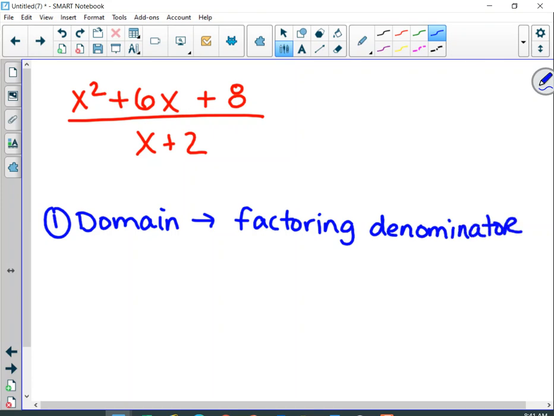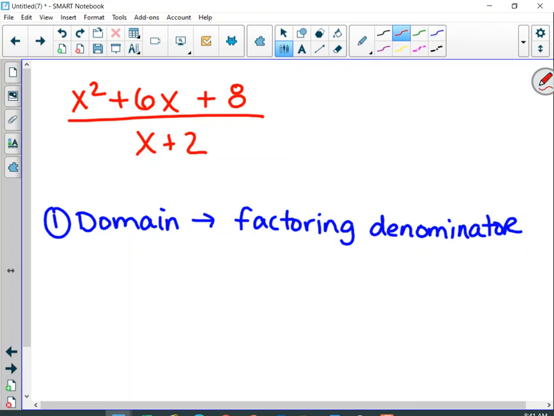Rational functions have a lot of steps. The best way to remember a lot of steps is to do them in the same order all the time. So that's what I'm going to teach you, to do these in a certain order. If you want to do them in a different order, it's okay. There's nothing wrong with it. This is not the only order, but it's the order that makes sense to me, and it's usually the order that I find has been helpful.